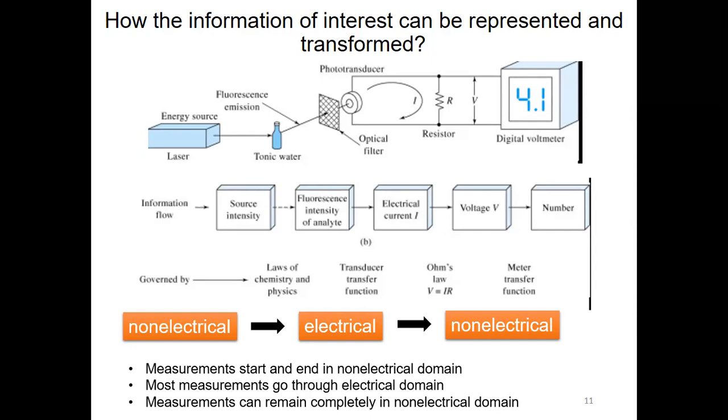So it is also completely non-electrical. So there are certain measurements which can remain completely in non-electrical domain, but normally in instruments, the measurement starts and ends in the non-electrical domains, and it goes through the electrical domain. That is the normal way.